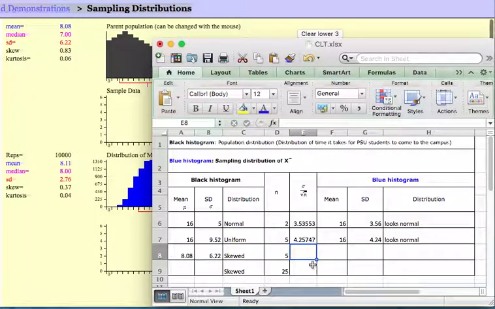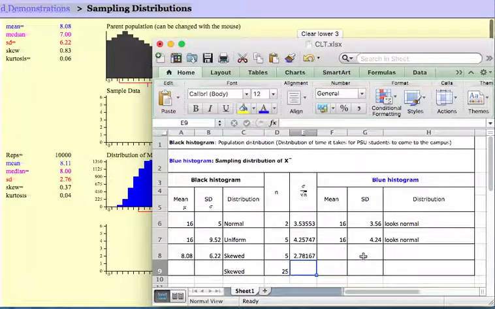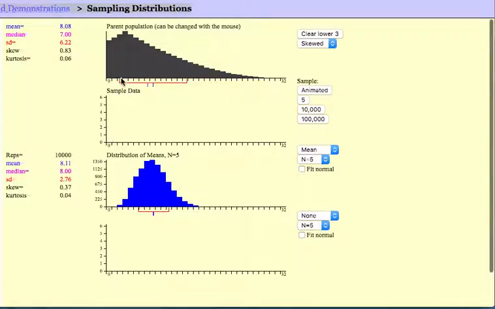The sample size is still 5, and sigma over square root 5 is 2.78, and the mean of the blue histogram is now 8.11 with the standard deviation 2.76. But see what happened if you look at the shape.